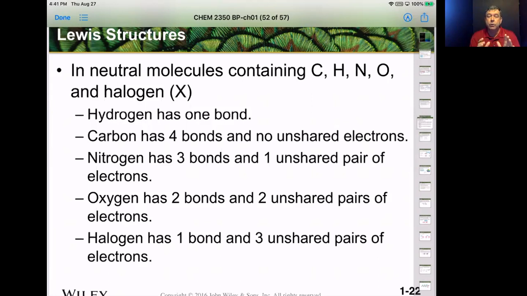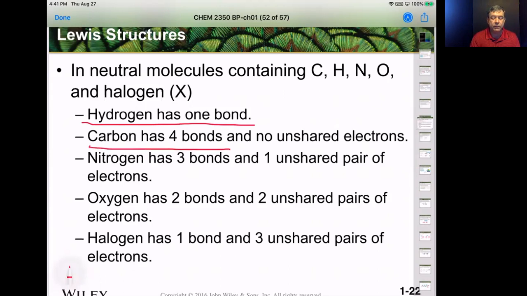But for neutral species that contain carbon, hydrogen, nitrogen, oxygen, or halogen, and that could be fluorine, chlorine, bromine, or iodine, the halogen and hydrogen always get 1 bond. So the hydrogen has 1 bond and no lone pairs. Just that 1 bond is the 2 electrons it needs to satisfy its rule.